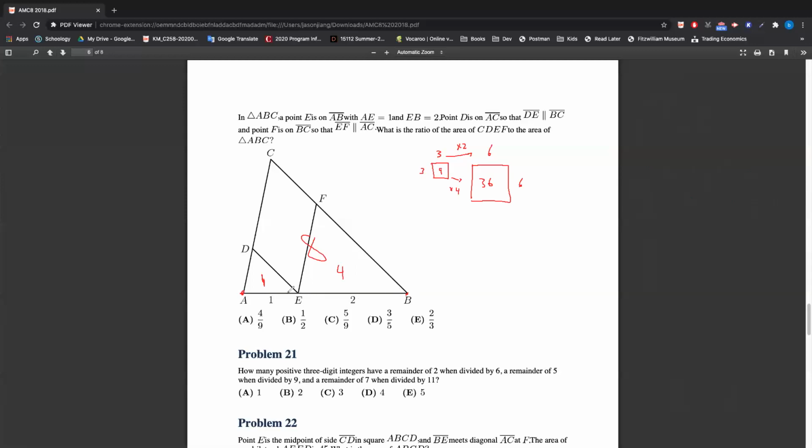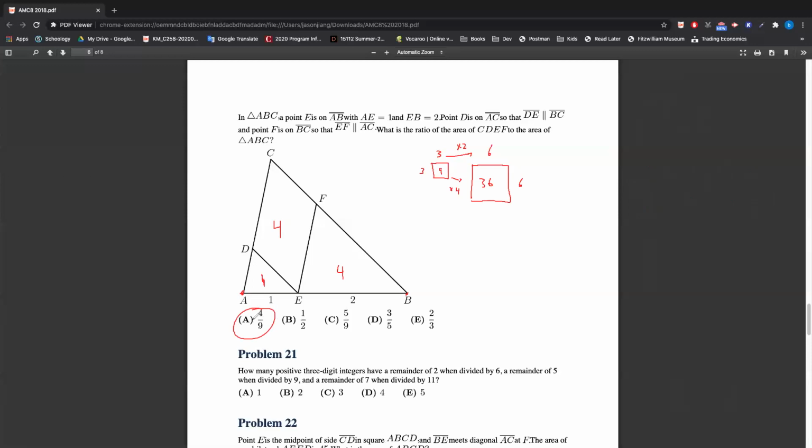And we'll use this side length 3, which means the entire triangle is 9. So excluding this 4 means that the rest of it is 5. This triangle is 1, so this is 4. The ratio of CDEF to ABC, therefore, would be 4 to 9.